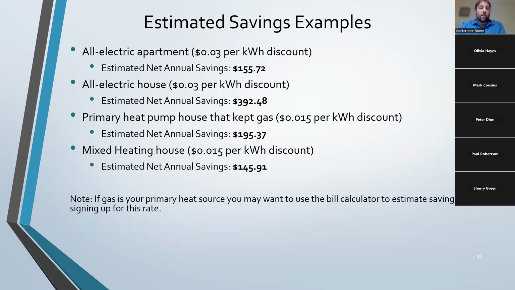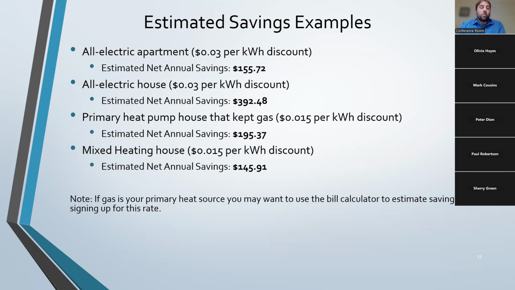So I refer to the calculator because it could be negative for you if you use a lot of gas. If you've kept gas for water heating and for cooking, for some other third thing as well. That's where the note at the bottom comes in: if gas is your primary heating source, especially, you'll want to use the bill calculator to estimate savings before signing up for this rate.